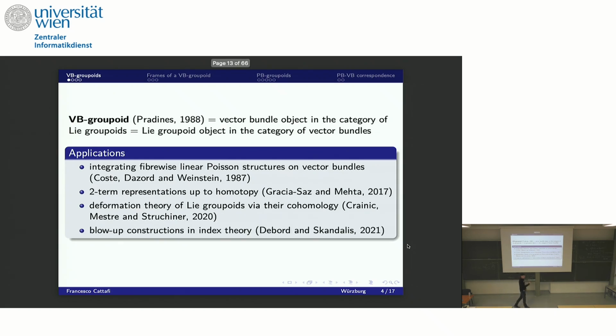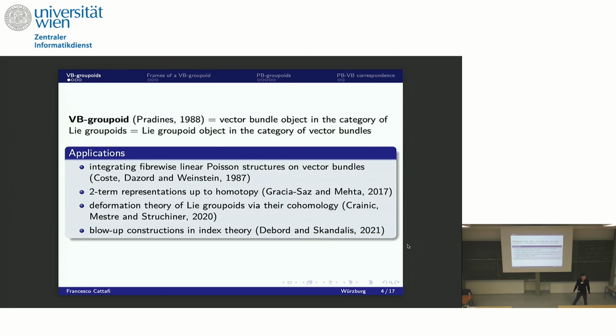Or even in non-commutative geometry, in index theory, VB-groupoids have recently been used as a tool for proving certain blow-up constructions. So this hopefully shows that it is interesting to look at VB-groupoids, and that's why we wanted to extend this correspondence, hoping that there will be other problems, instances, or examples related to VB-groupoids that could be translated into the PB world, and hopefully we'll be able to solve them better or get better insight from this point of view.